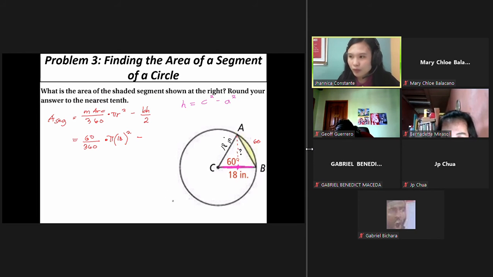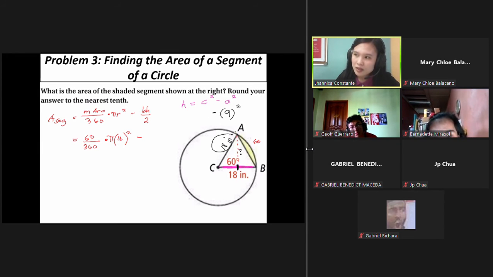So half of the measurement of this leg is 9. So we have 9 for A. So 9 squared minus C squared, where C is the hypotenuse of the triangle.